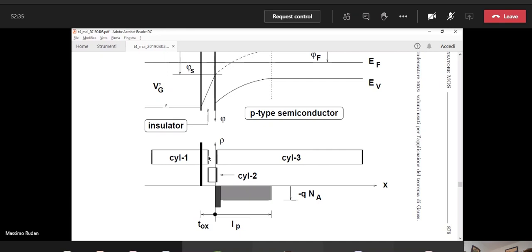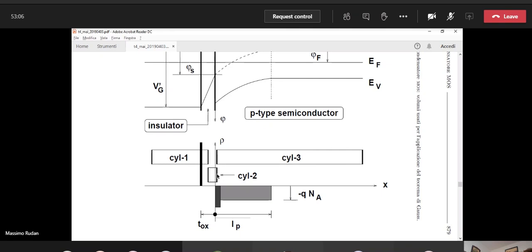Next, we take cylinder 2. Cylinder 2 has the left face inside the oxide, whereas the right face is inside the semiconductor, but very, very close to the interface. So why do we take it very close to the interface? Because we don't want any charge in this cylinder, okay?